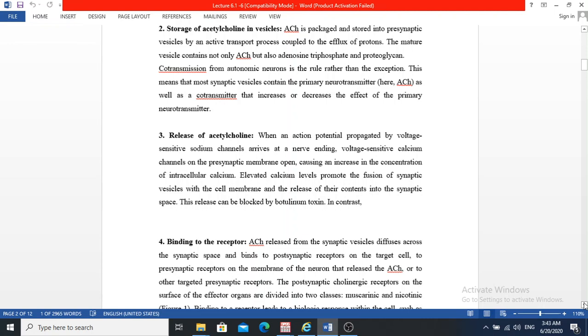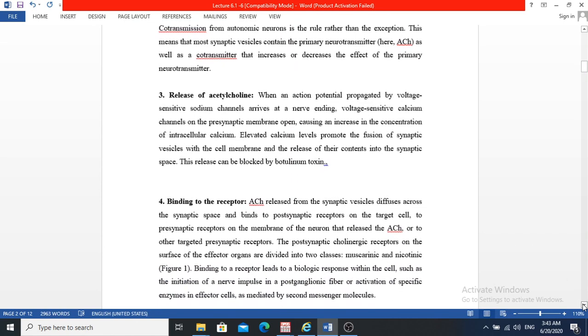Binding to the receptor: acetylcholine released from the synaptic vesicles diffuses across the synaptic space and binds to the postsynaptic receptor on the target cell.